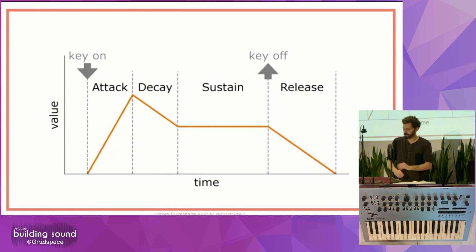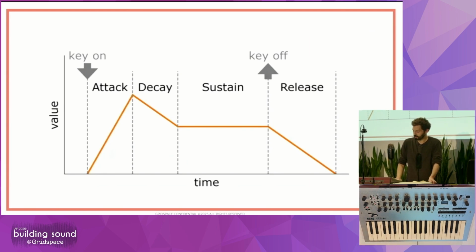So there are 2 envelope generators on this machine. So one is what I just showed, which is the amplitude envelope generator. So that basically is just the volume over time based on when I press these keys. The second one is a semi-modular envelope generator that can be changed to affect different other attributes of this.